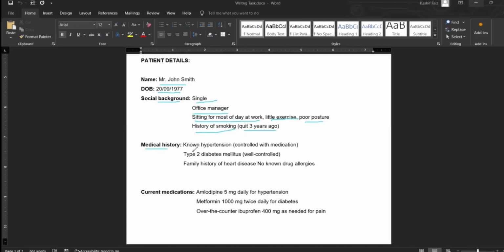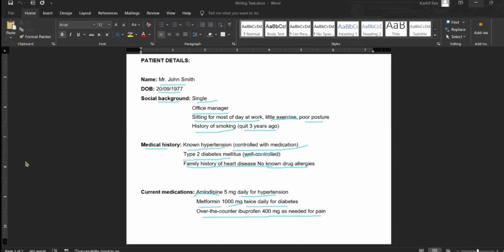What is the medical history? Known hypertension, which is controlled with medication, type 2 diabetes, well controlled, family history of heart disease, and no known drug allergies. What are the current medications? Amlodipine daily for hypertension, metformin 1000 mg twice daily for diabetes, over-the-counter ibuprofen 400 milligram as needed for pain.